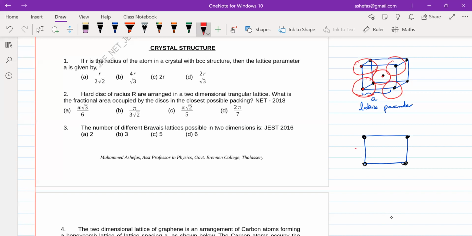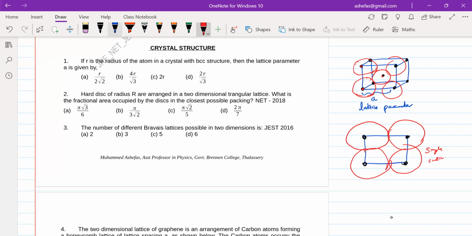And if you draw the atoms, then the atoms at the corners would be in contact. Okay, so that is for simple cubic. But for body centered cubic, it may not be the case. The atom at the center of the body and the corner would be in contact.